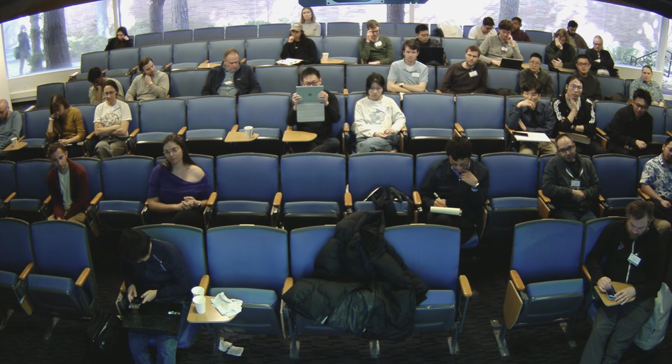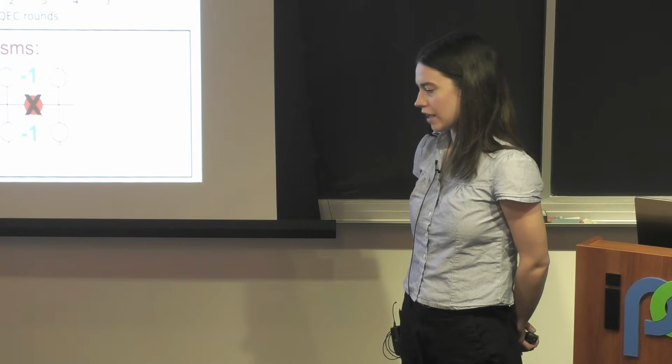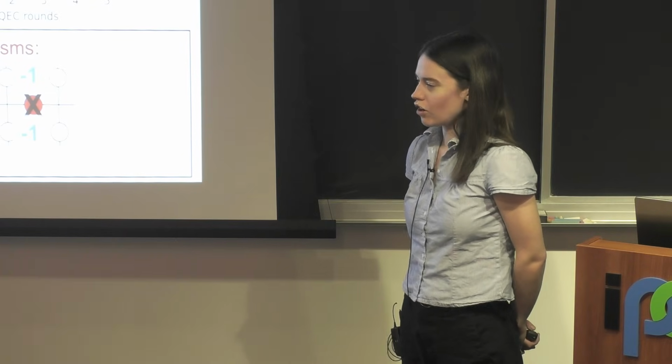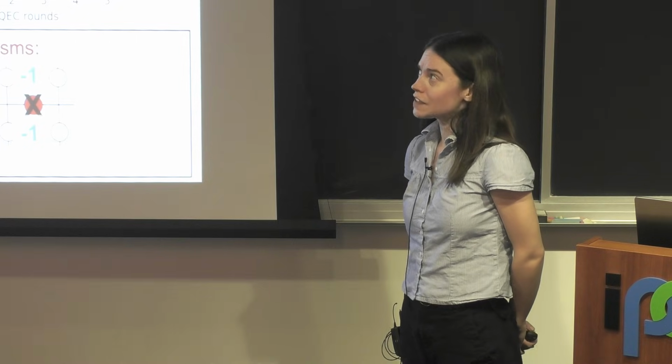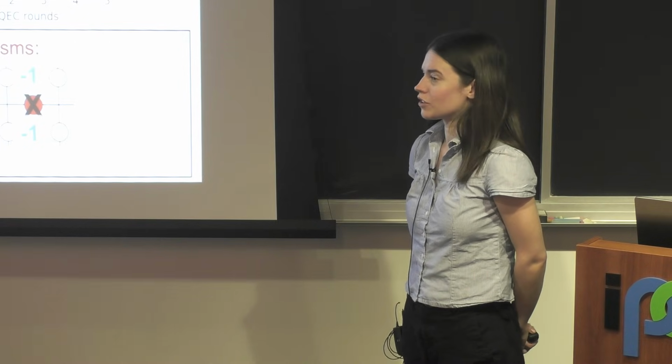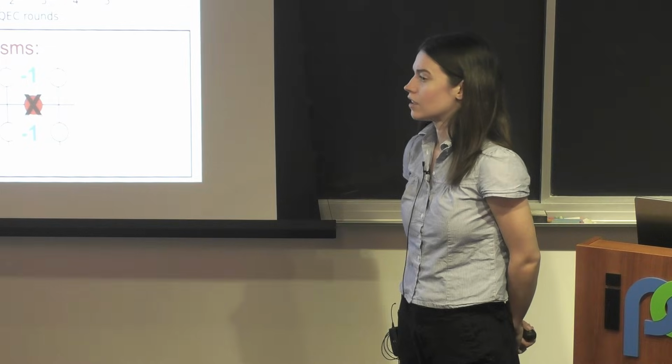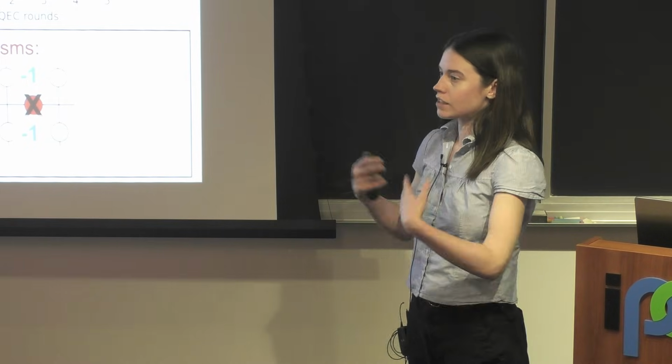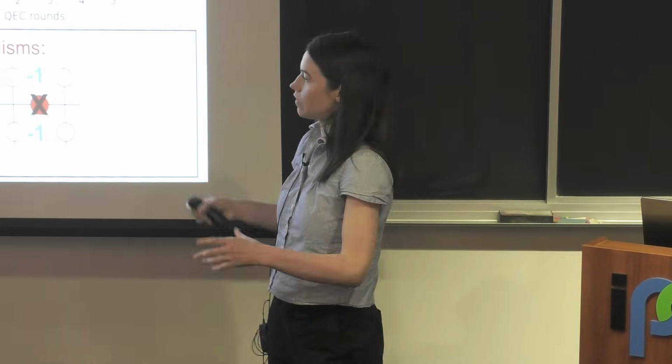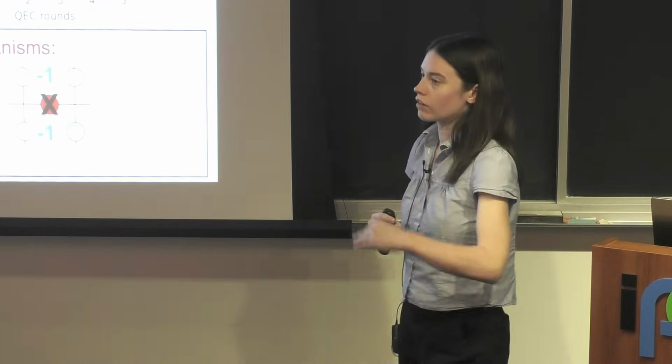I don't know if we've carefully looked into which errors are easiest to correct in terms of coherent versus incoherent. I would anticipate that it's similar due to the Zeno effect, which is effectively taking your coherent errors into incoherent errors.